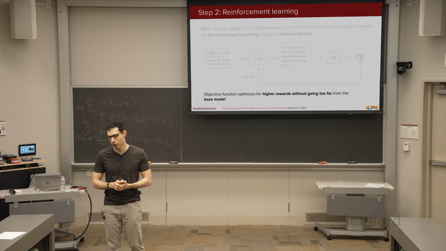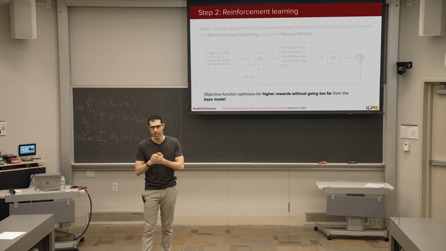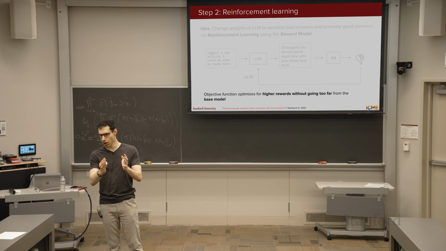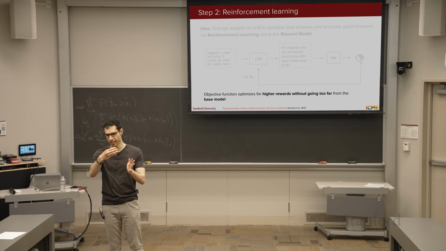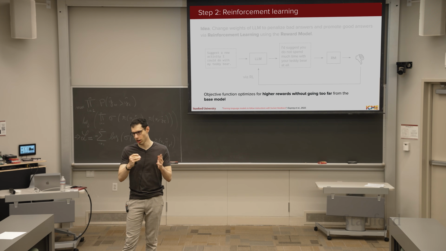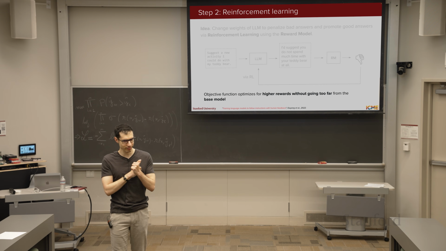Great, I think it's a great way to put it. You have all this knowledge in your initial model, which is pre-trained and then instruction tuned, and you don't want to move away from it too much. This is exactly it. So that's one reason.